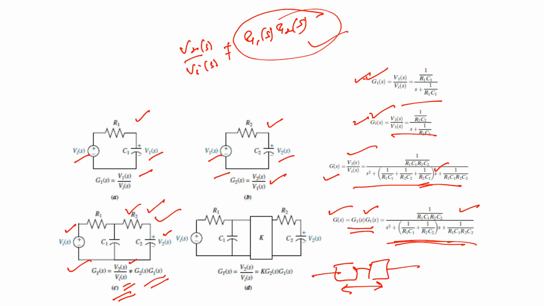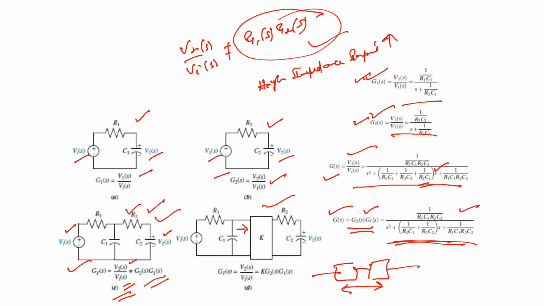So one way to prevent this loading is to use an amplifier between the two networks as shown here. This amplifier has a high impedance input, so the input impedance is high so that it does not load the previous network.